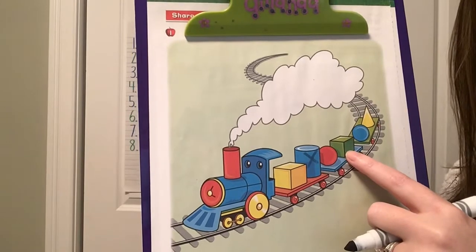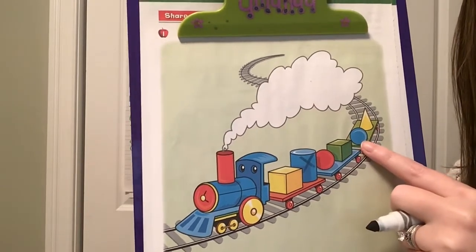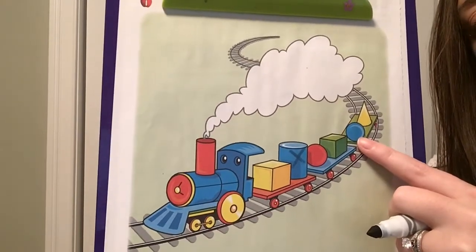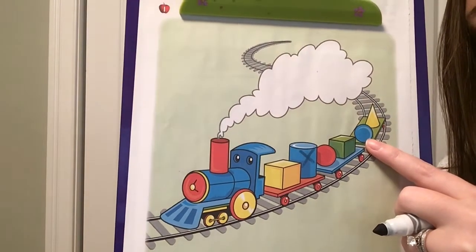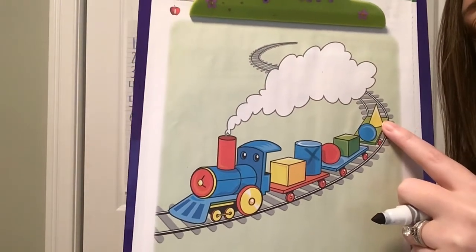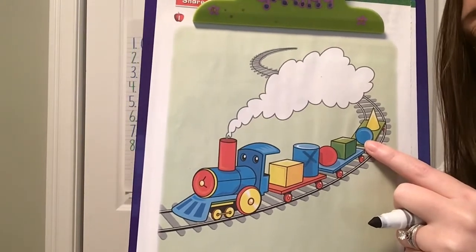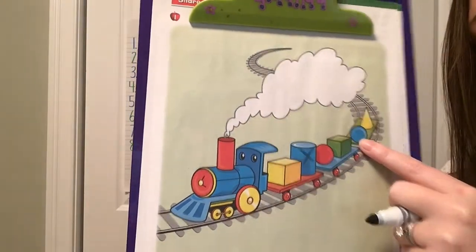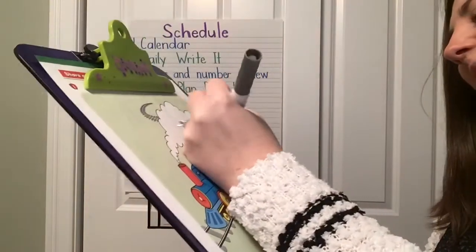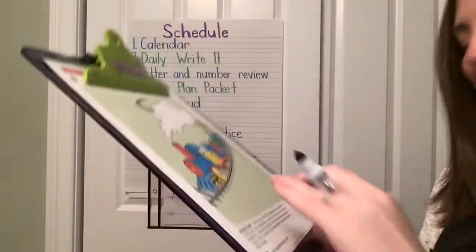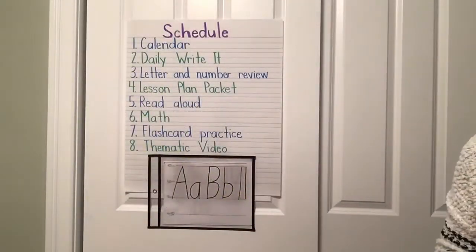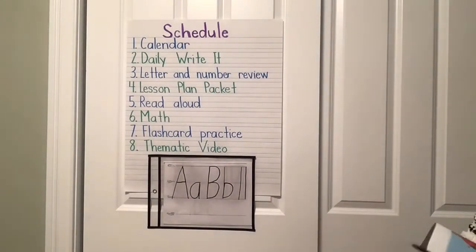Nope, that's not a cone. So let's keep looking. Here's a sphere. Is there a cone behind it? Yes, the cone is behind the sphere. The sphere is in front of the cone, so we are going to circle it. Awesome. All right, let's move on to our next paper.